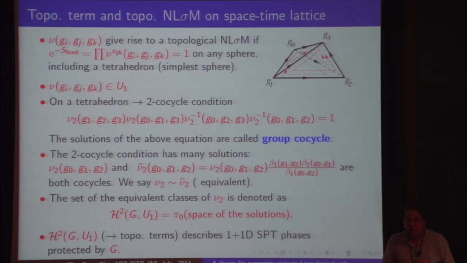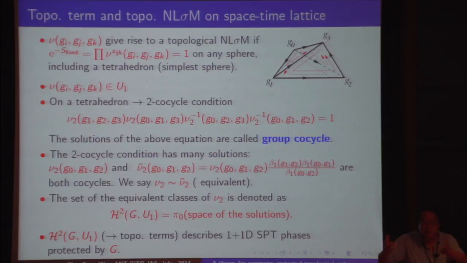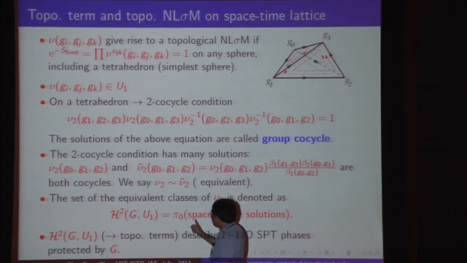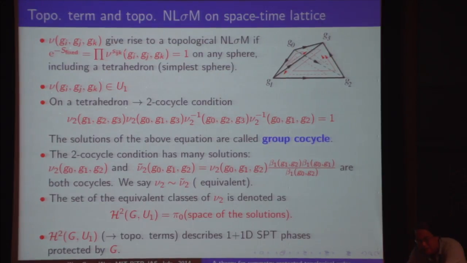So this group homology is actually another way to say pi zero of the solution space: how many components does the solution space of this nonlinear algebraic equation have? If pi zero of the solution space is non-trivial, then you have a distinct quantized 2-pi topological term, and this distinct quantized 2-pi topological term corresponds to a different SPT phase. Thank you for the question.